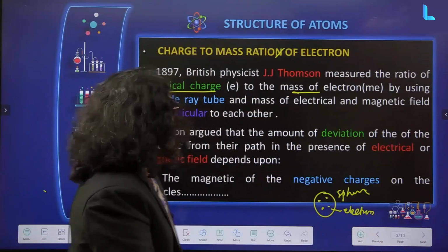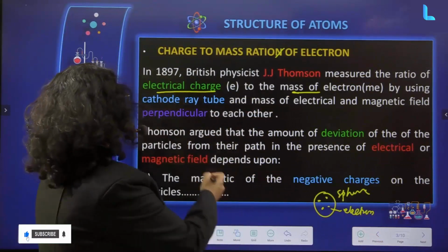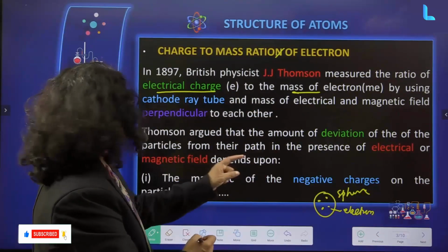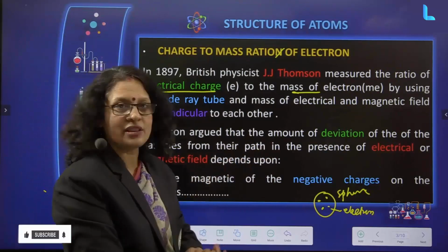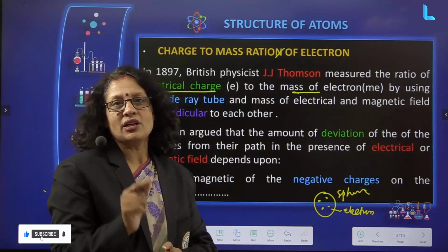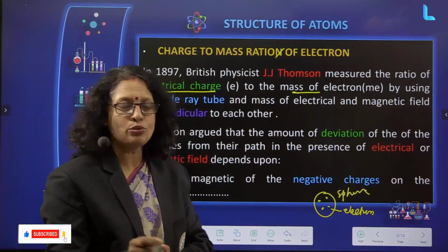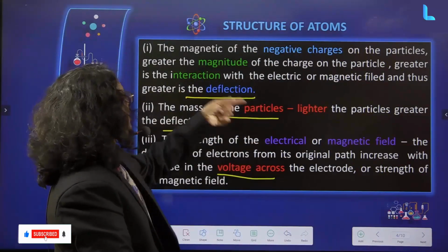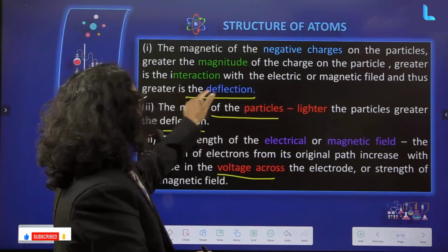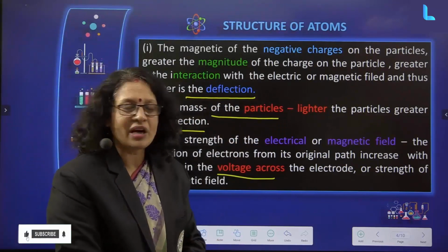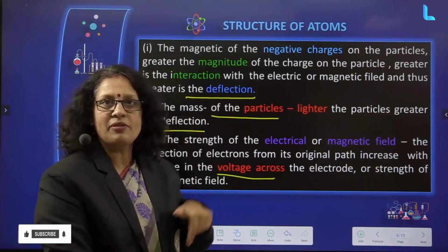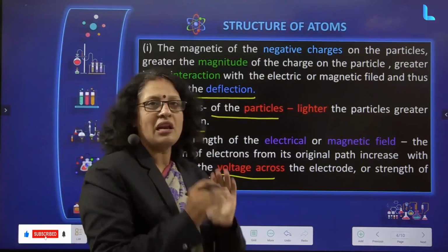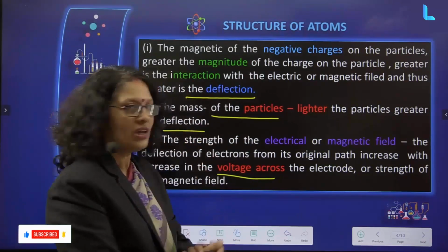Just go to the previous slide now. What we are discussing here is the amount of deviation of the particles from their path in the presence of electric and magnetic fields perpendicular to each other. So what are the conclusions? First one is the more the negative charge, the greater the interaction with the electric and magnetic field and the greater the deflection. Second is about mass: the lighter the particle, the greater the deflection.